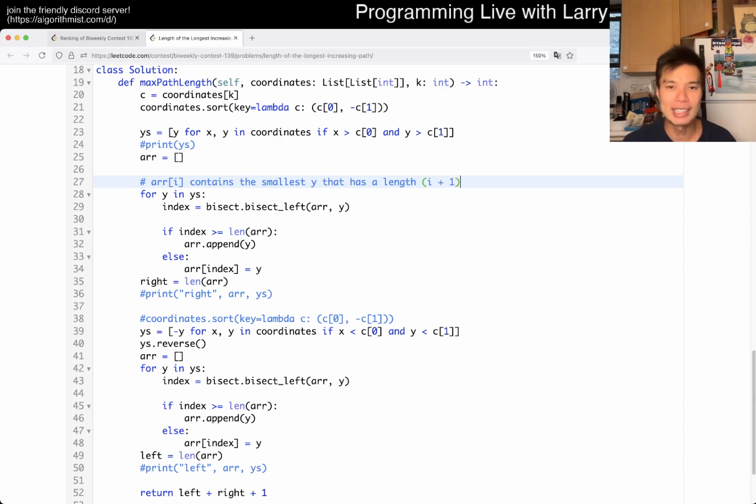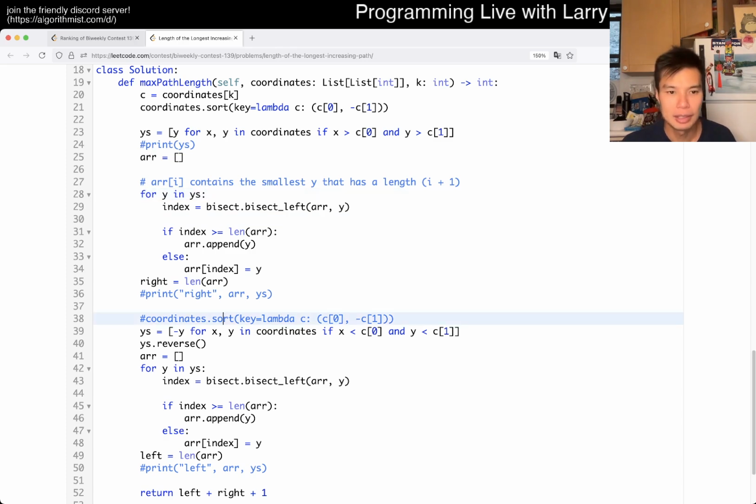The smallest y that has a length i plus 1. So that's how we do a binary search. Again, if this doesn't make any sense to you, I apologize, because it builds off the longest increasing subsequence problem, so definitely be familiar with that problem. I think I probably have videos that explain this in more detail, but this is basically the idea.